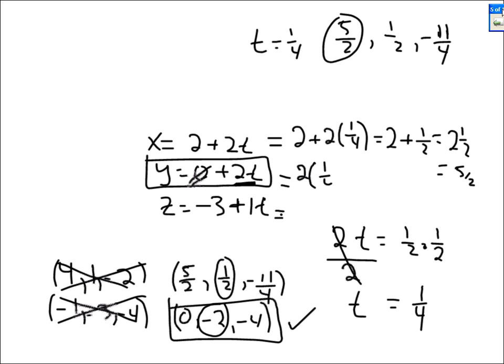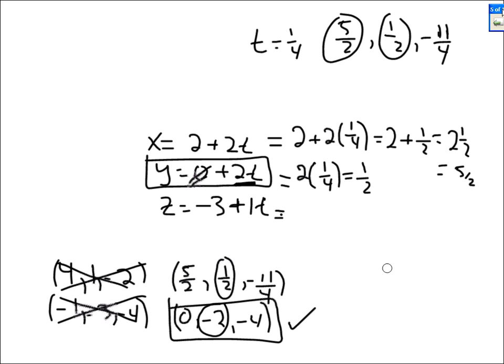The second: 2 times t is a half. Got that one? Let's try the last equation. And if that works, we say, okay, we found 2 points that were on that line. Negative 3 plus 1 times a quarter. This is negative 3 plus a quarter, which is negative 2 3/4.